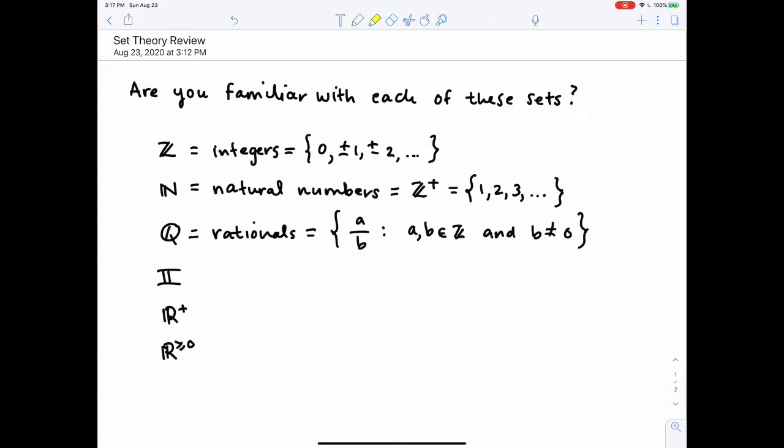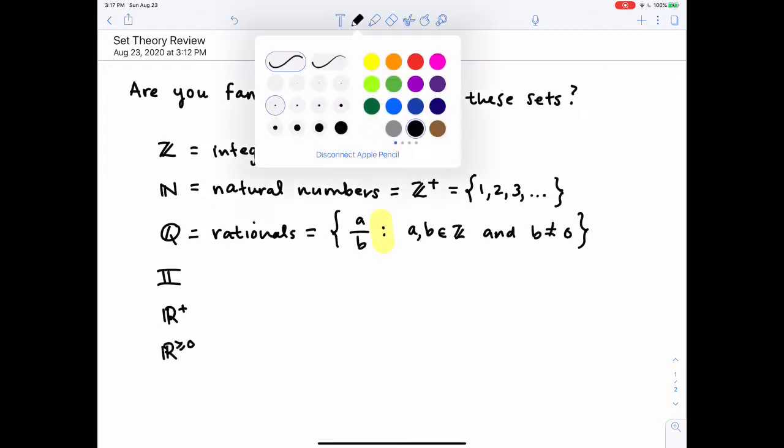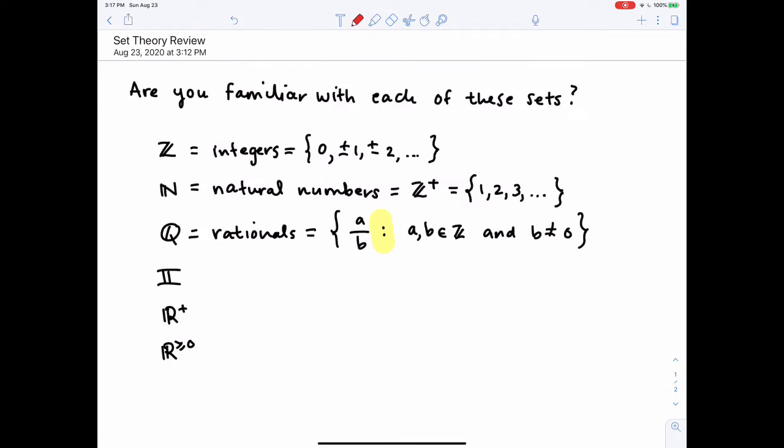So just a reminder with this set builder notation that we're using here, if you look at this colon right here, we want to interpret that as such that. And remember, this symbol means in.